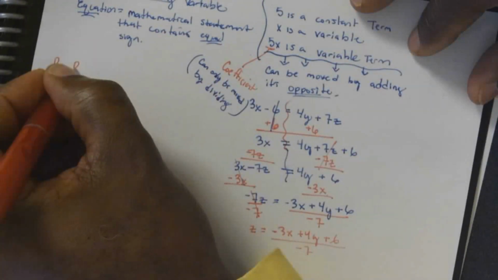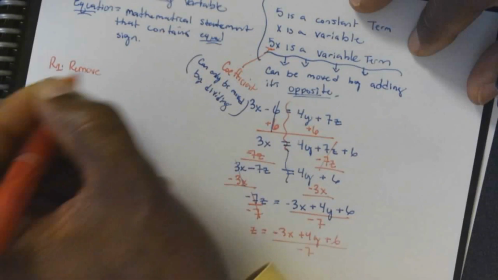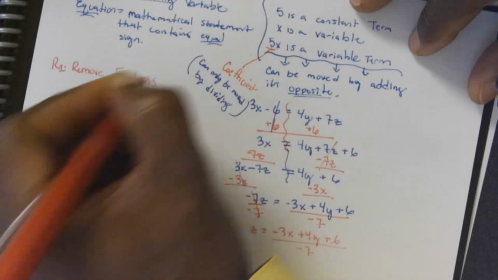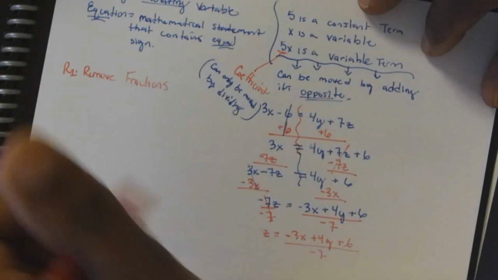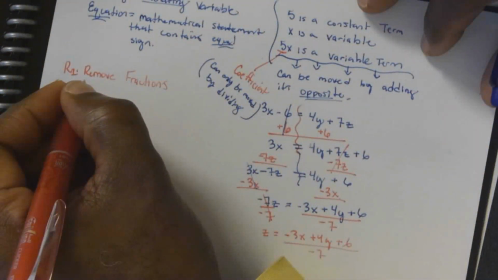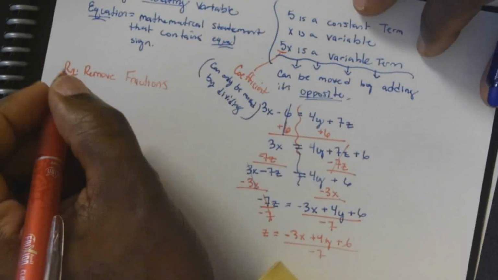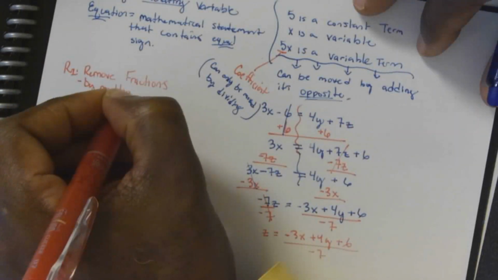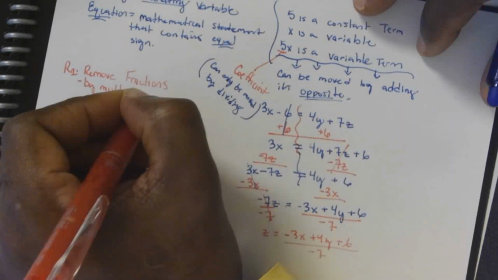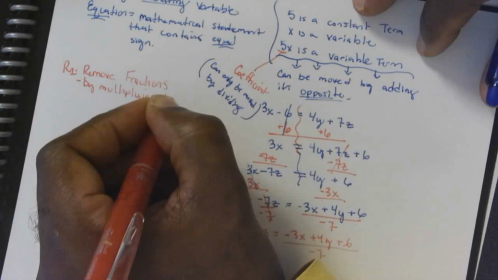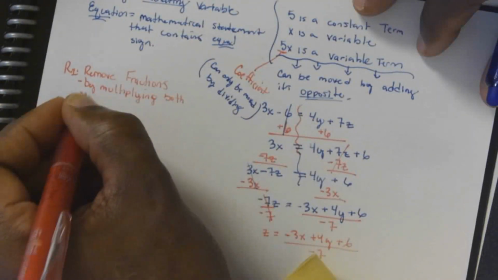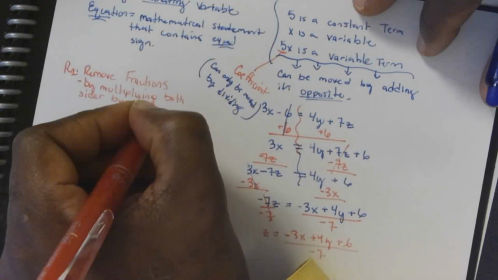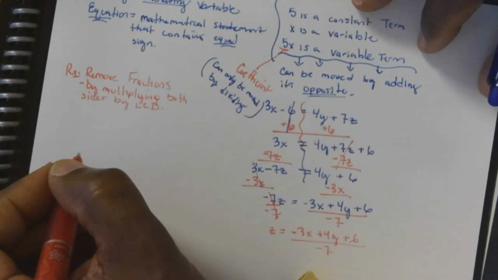Rule 1. Remove the fraction. I know y'all hate fractions. I'm going to show you how to remove fractions, but I'm going to tell you how first. You remove fractions by multiplying both sides by the LCD.